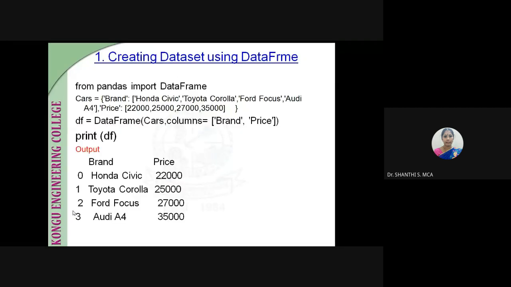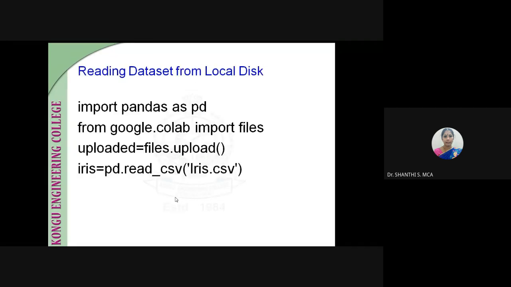In real time, we will not create a data frame like this. Usually we will have some data in different formats. Either you can have your data as an Excel sheet, or in CSV format, or in some other RDBMS format. In that case, we can use different options to read the data from our file.